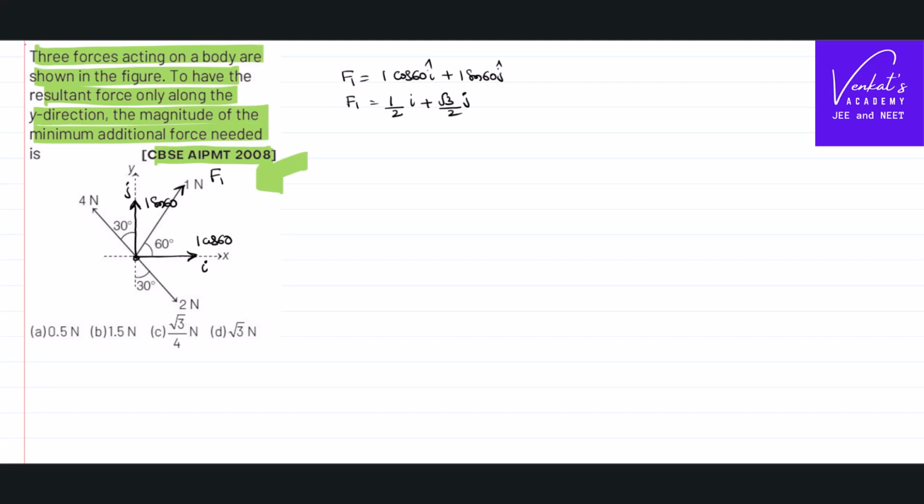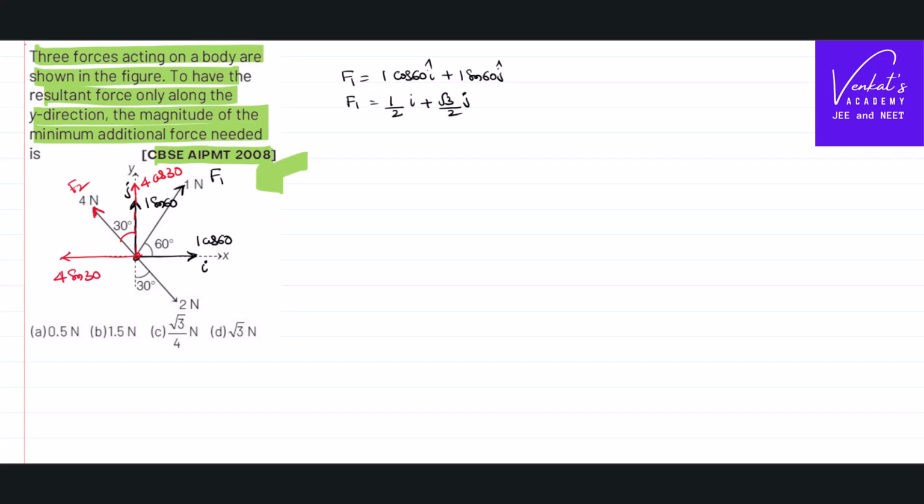Let's have a look at the other force, the 4 Newton force. This is also radially outward, which can be further resolved into components. This is theta, therefore this becomes an adjacent component, 4 cos 30. This becomes the other component, 4 sin 30.